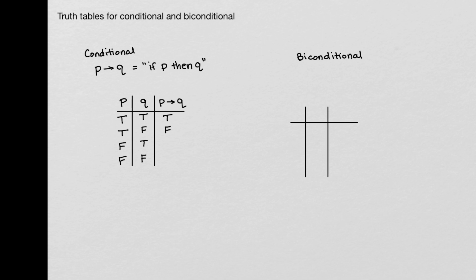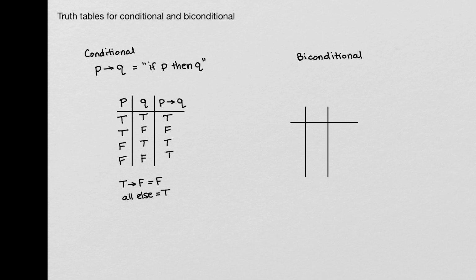Anything false could lead to anything. It could lead to truth, or it could lead to something that's false. So the only bad thing is when something true is leading to something false, and so that's false. So what I make a note of is I say, if true, then false equals false, and all else is going to be true.